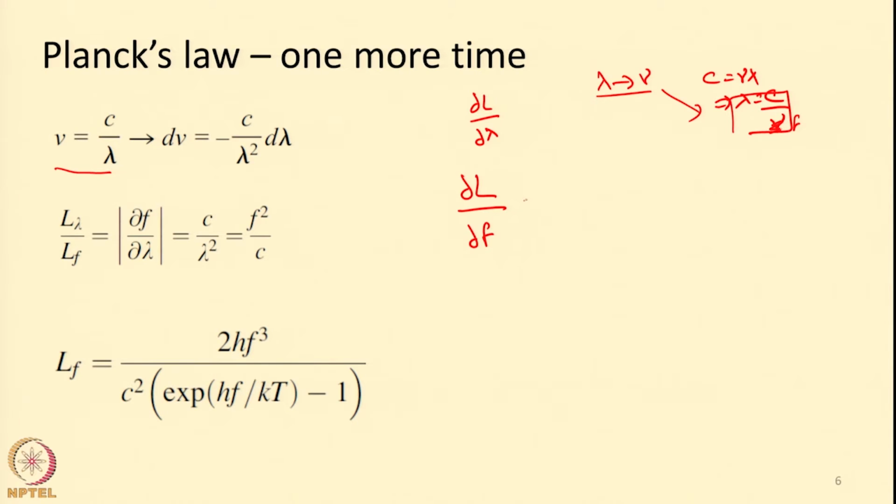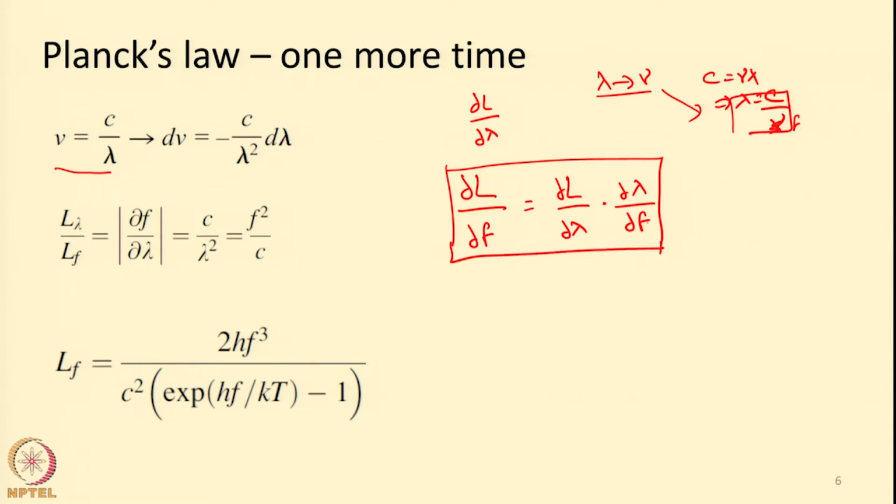What we have in our hand is ∂L/∂λ. So, if we use the chain rule of partial differentiation, we can write ∂L/∂f = ∂L/∂λ × ∂λ/∂f. If we do this, we will be in a position to calculate the change in radiance with respect to frequency.